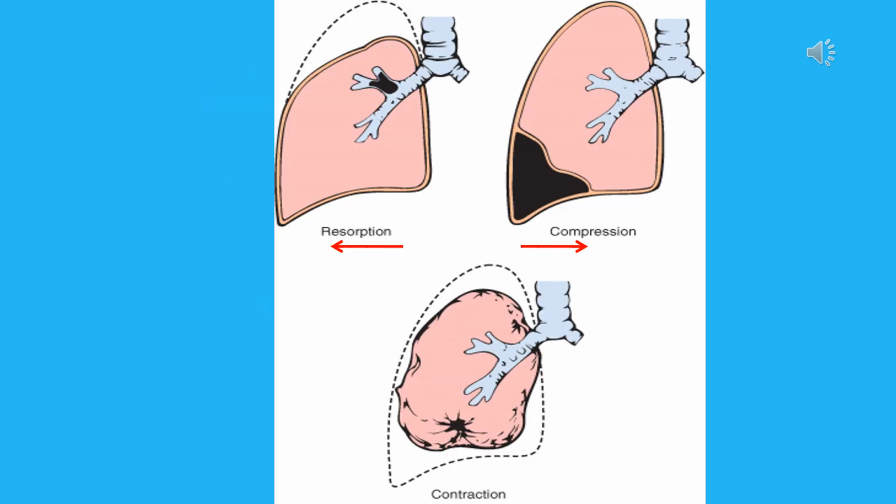As seen in the diagram, in resorption atelectasis, the mediastinum shifts towards the atelectatic lung. Airway obstruction may be caused by excessive secretions or mucus plugs or exudates within small bronchi, such as your pulmonary condition seen in bronchial asthma and chronic bronchitis.